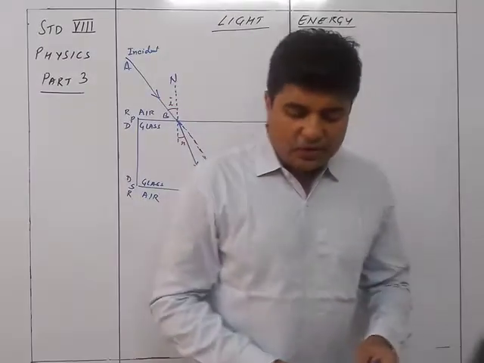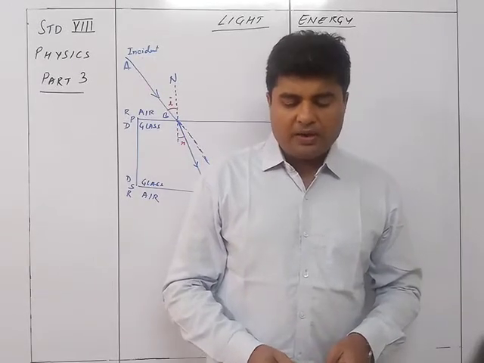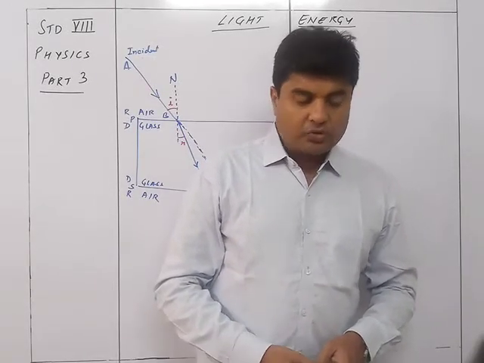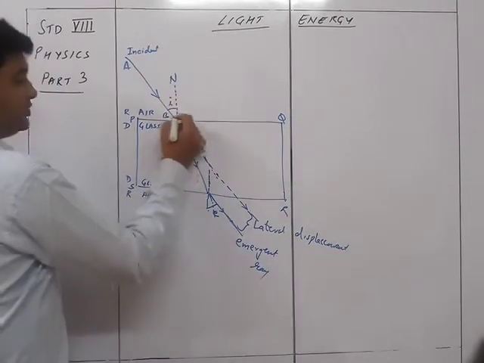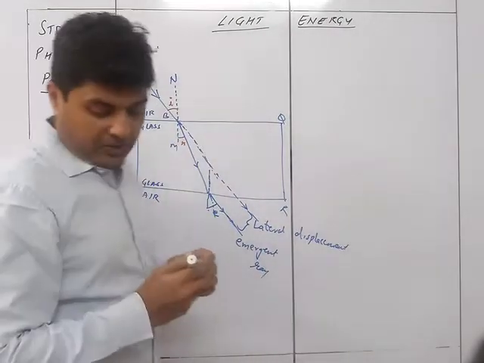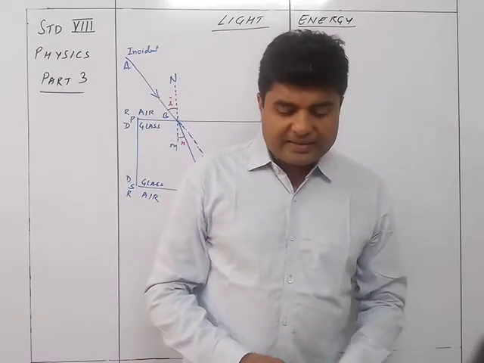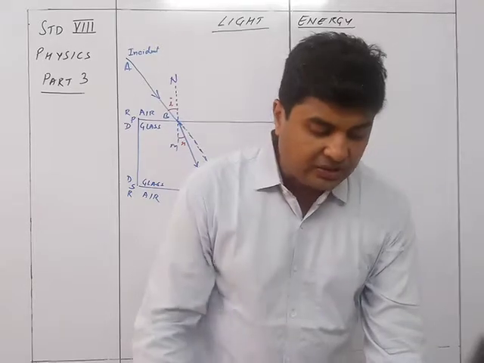At the surface PQ, the ray AB enters from air to glass, so it bends towards the normal NBM. So this is N, this is B, and this is M. And it travels through BC. At the surface RS, another refraction occurs.